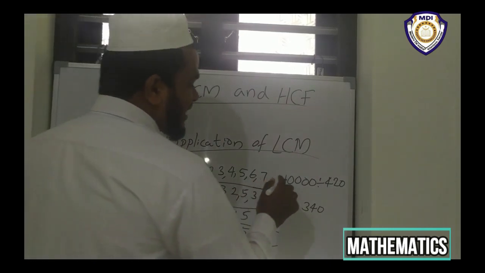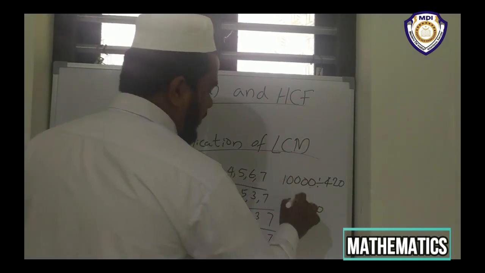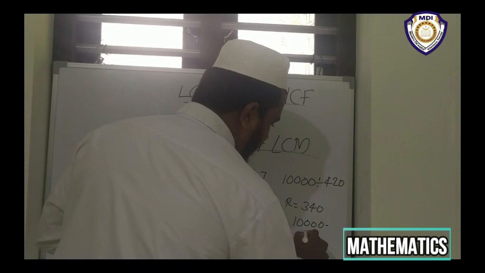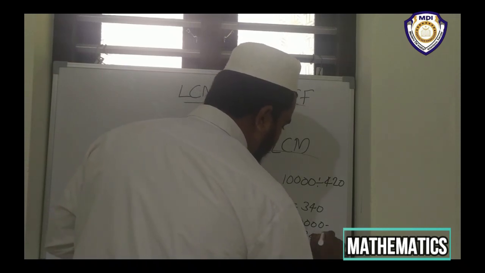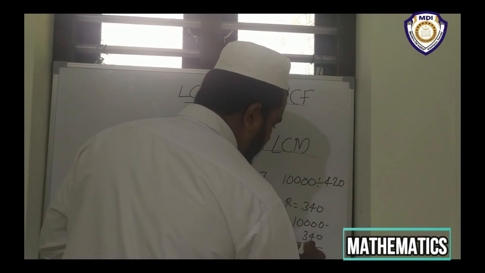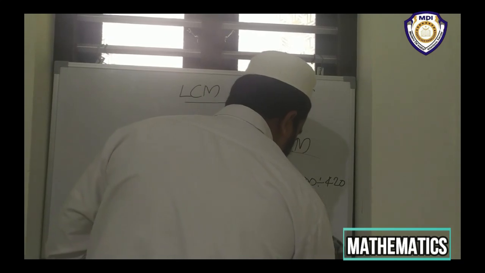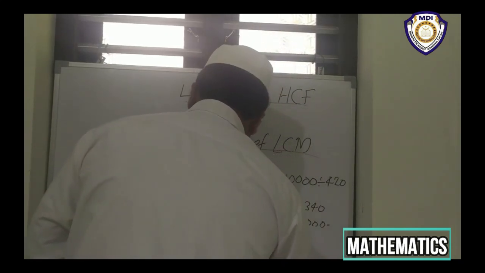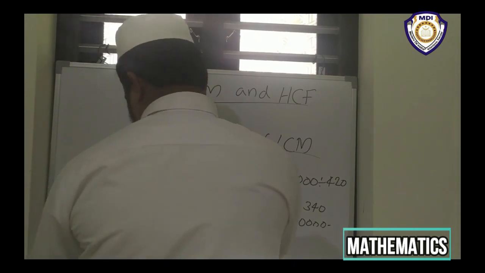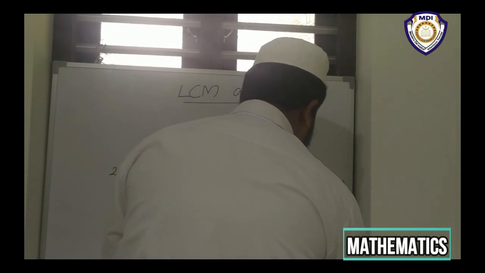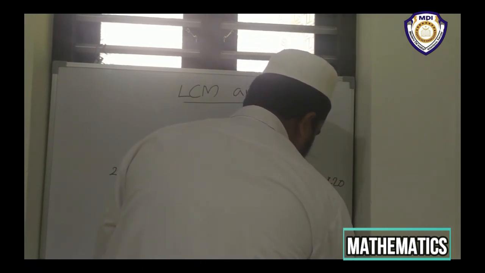You just subtract: 10,000 minus 340. Sorry, not 340 but... What is 340?